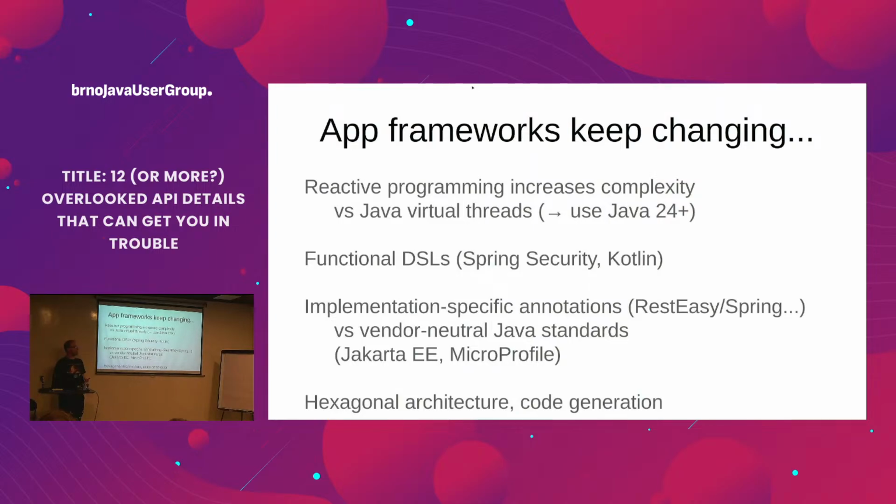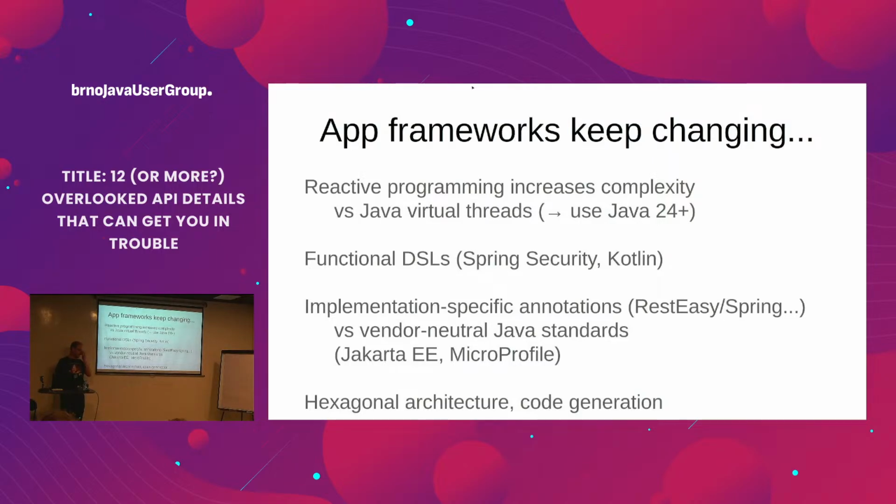I found. One of them is that almost each framework that I've seen has at least two options. One is called imperative and the other one is called reactive. There were years when reactive programming was very popular.